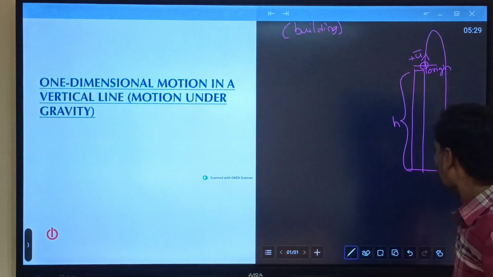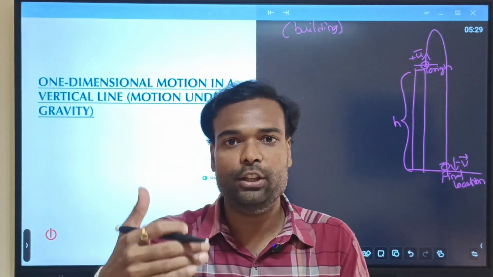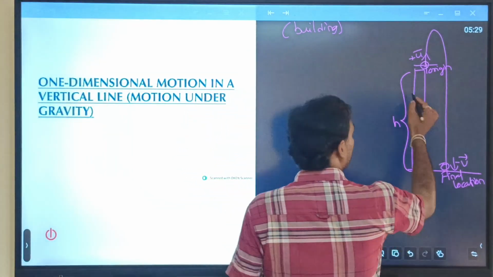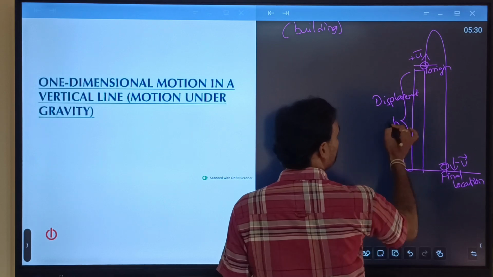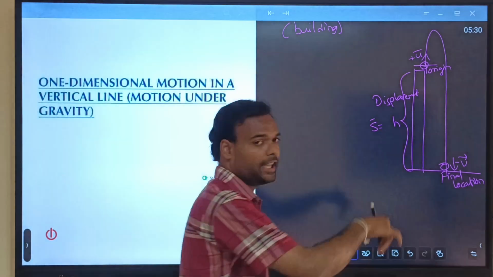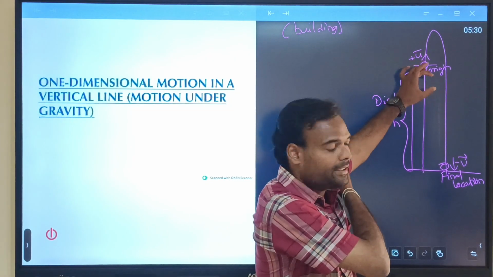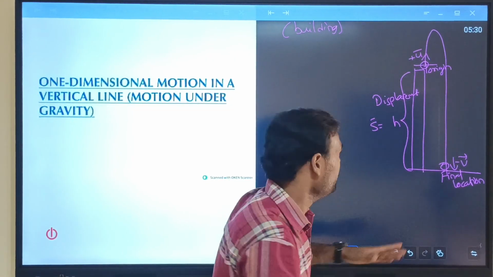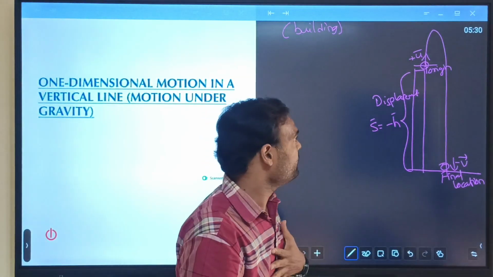Now the separation, the shortest path between the initial location and the final location, is the displacement. That displacement value s equals h here, right? Now initially the object is at this point, finally at this point, so the displacement is in the downward direction, so I have to keep it as negative, right? I hope I am very clear.